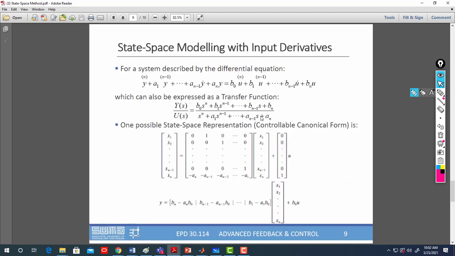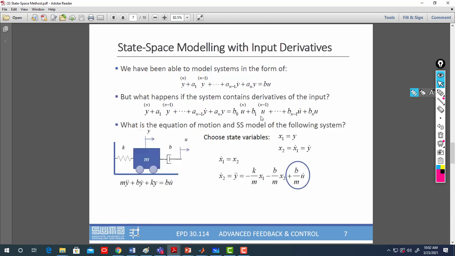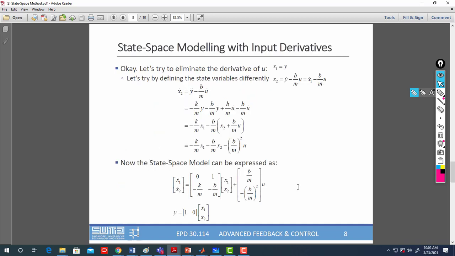Now, if we want to apply them, let's take this example. Second order, two states. I cannot write it this way in terms of u, because you have here u prime. You should write it in terms of u so you can have the state space representation.